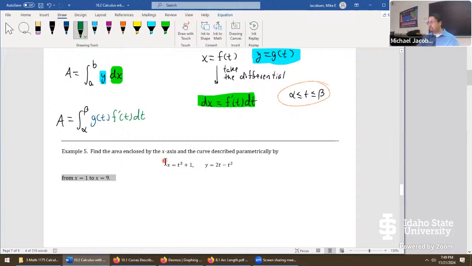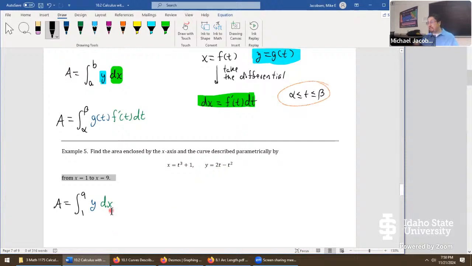So let's set this up by saying, first, area is a definite integral from 1 to 9. These are values on x now of y dx. But now we have to do a substitution on this whole thing. And the way the substitution goes is we're plugging that in for y. But if you plug that 2t minus t squared in for y, the second problem that comes up is dx has to go.